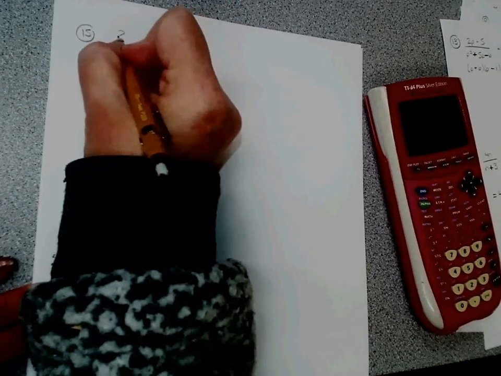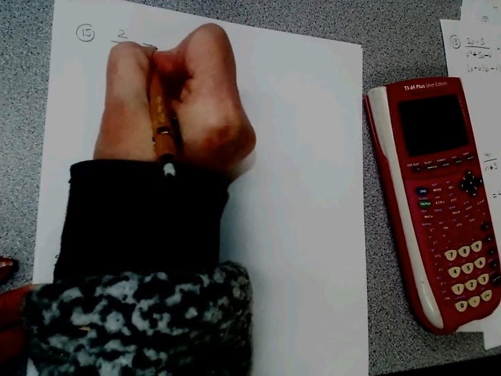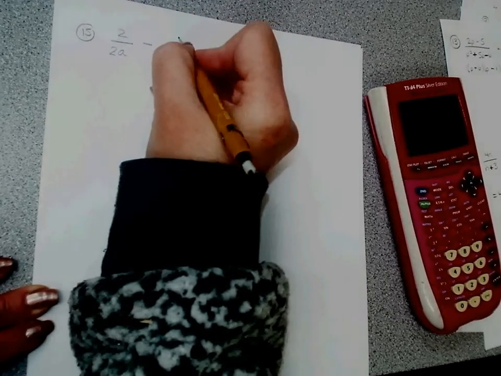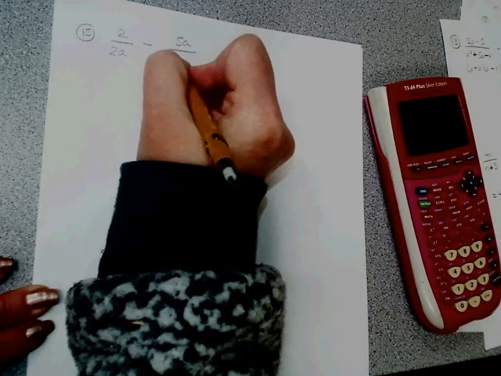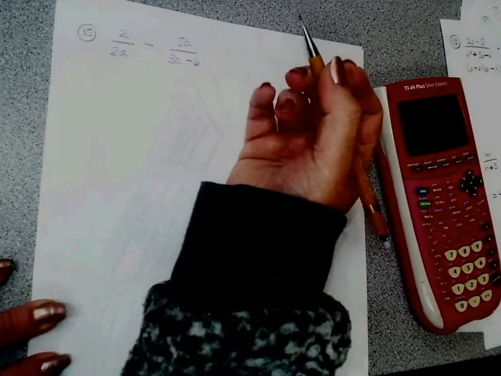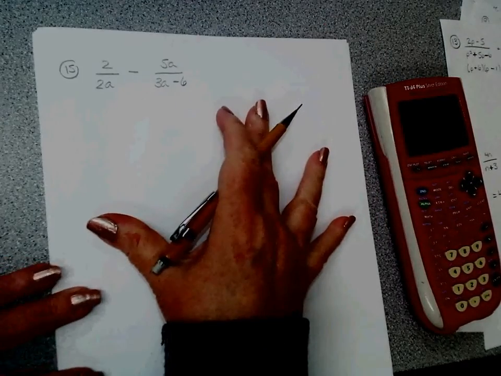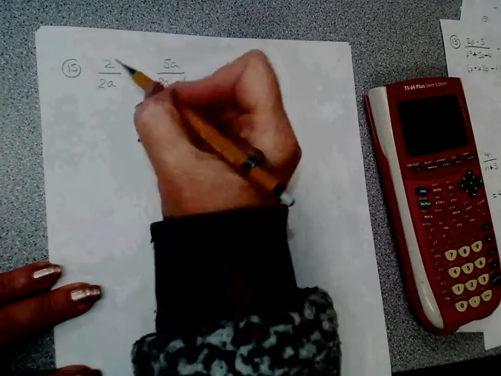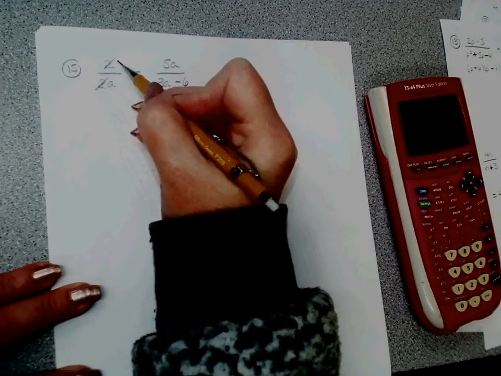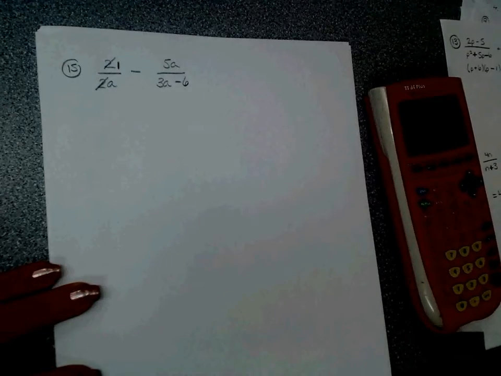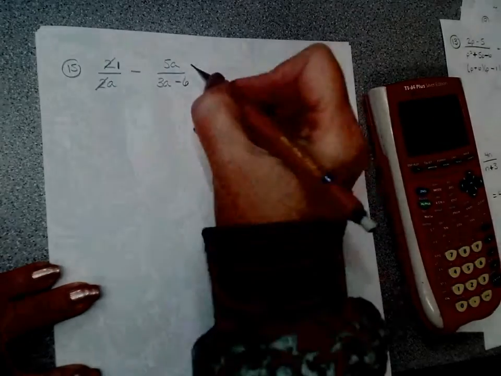Is a subtraction problem. 2 over 2a minus 5a over 3a minus 6. Okay? I said if anything would reduce it before you get started. So let's reduce that 2 and that 2 and make this just 1 over a. Okay?